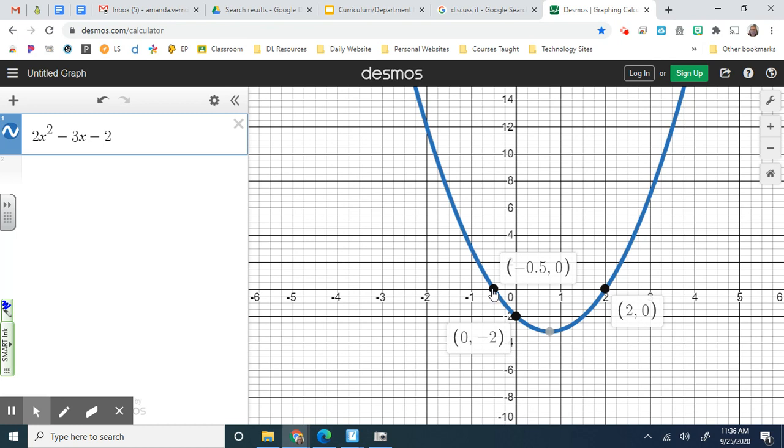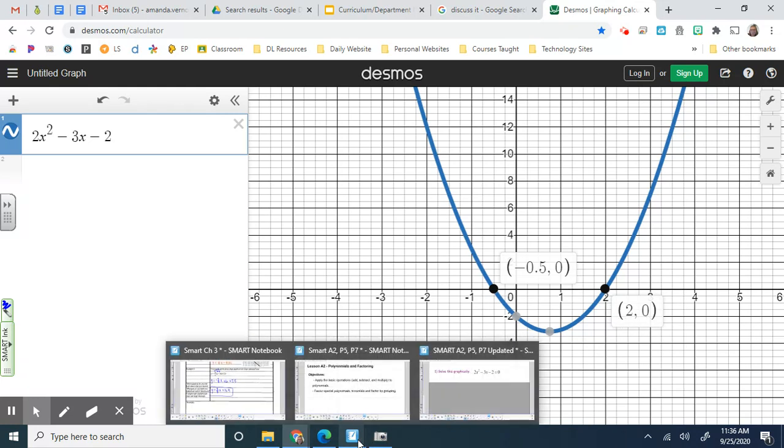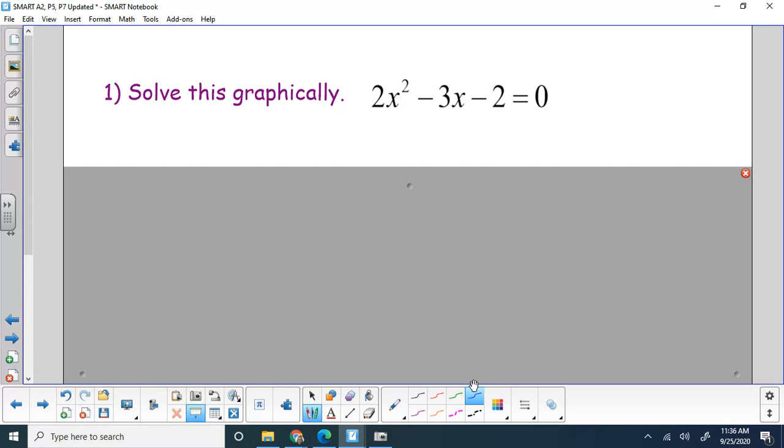So you can see our solutions to this graph are -0.5, 0 and 2, 0. Notice that Desmos writes your points as a point and not as an x equals. So again, our answer from the graph was -0.5, 0 and 2, 0.